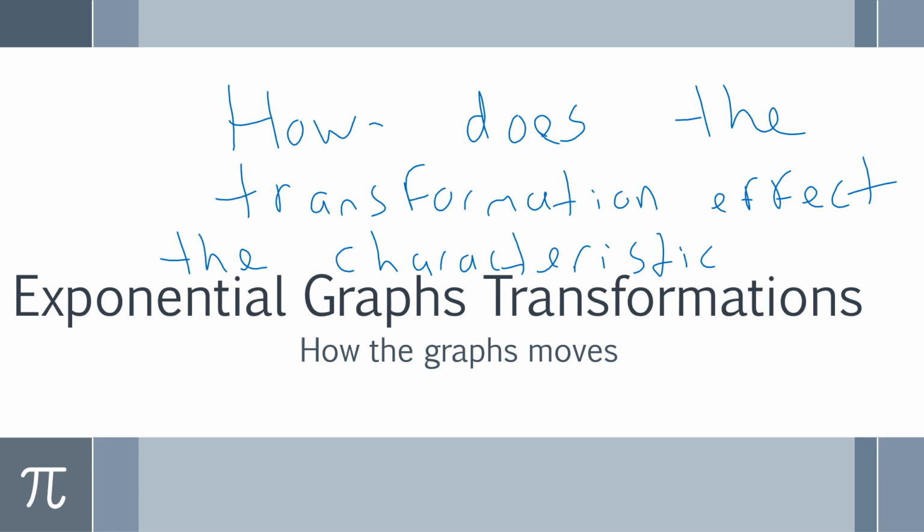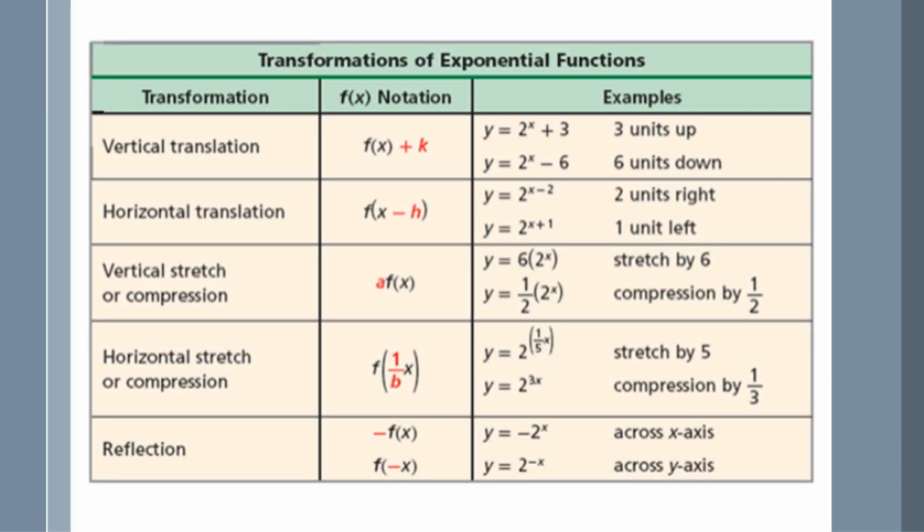As I go through this, I'm going to go through this pretty quickly, but I need for you to look at the graphs, and the graphs should be able to tell you your answer about how the transformation affect those characteristics. So look, the transformations that we'll be dealing with are going to affect characteristics of the exponential function we just had to find out.